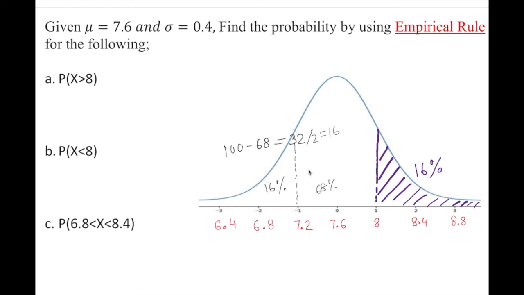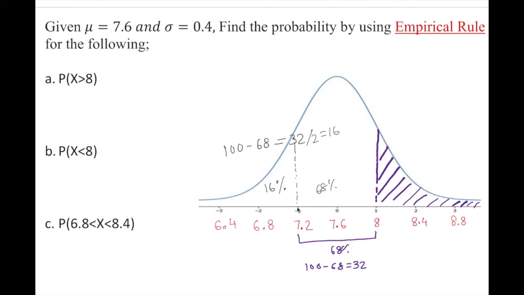Again, how can you do that? Since you know x greater than 8, we are interested in the right side, and assume we don't know that. So to the right side, but we know that 1 standard deviation is 68%. And now we look into everything else and that is going to be 100%. So it's going to be 100 minus 68, which is 32.